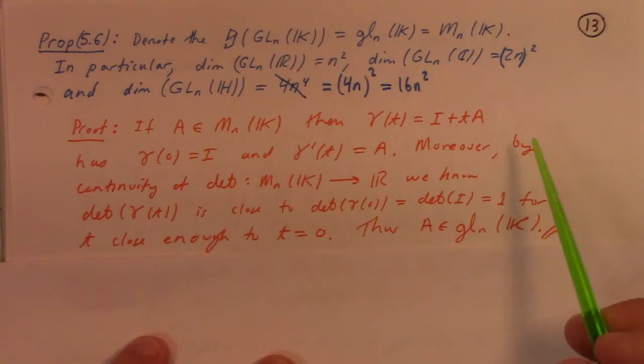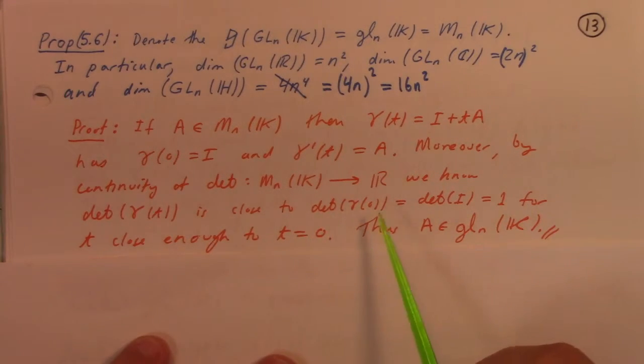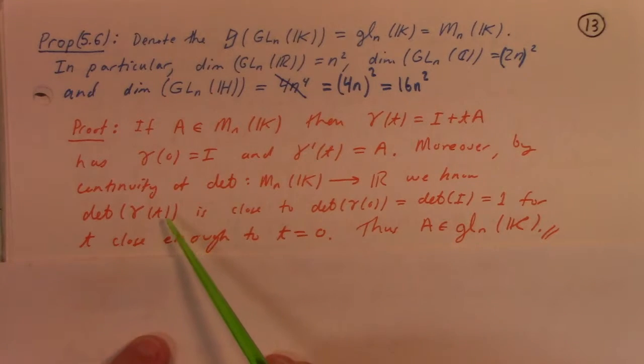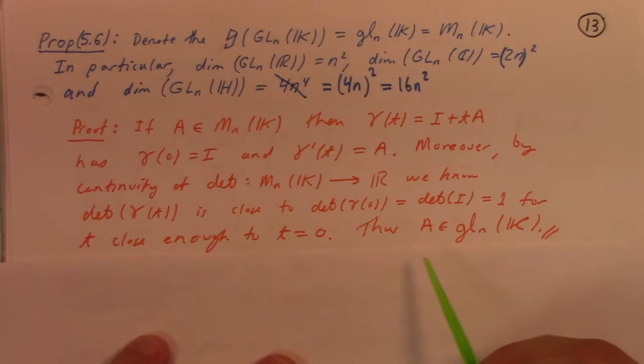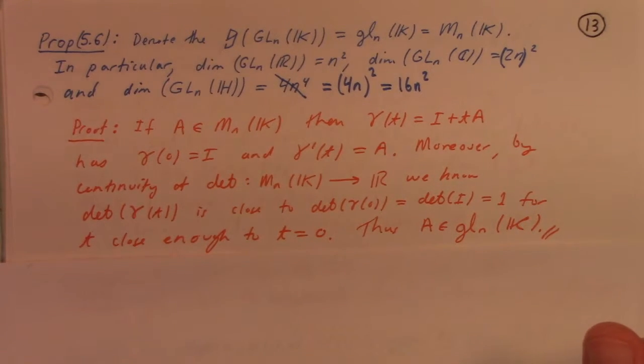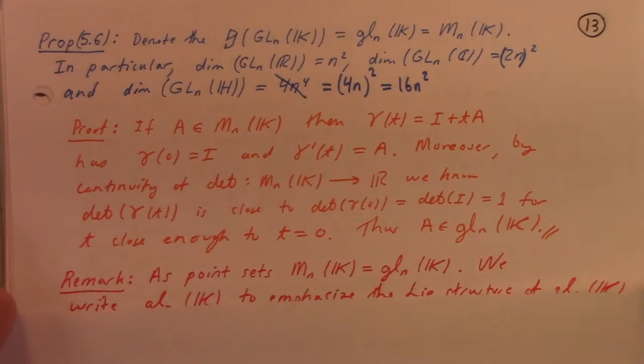Anyway, by the continuity of the determinant, the determinant of the curve is close to 1 for t close enough to 0. In other words, the curve falls in the general linear group, and consequently A, appearing as the velocity of the curve, is an element of the Lie algebra, or tangent space at the identity. That was our definition.